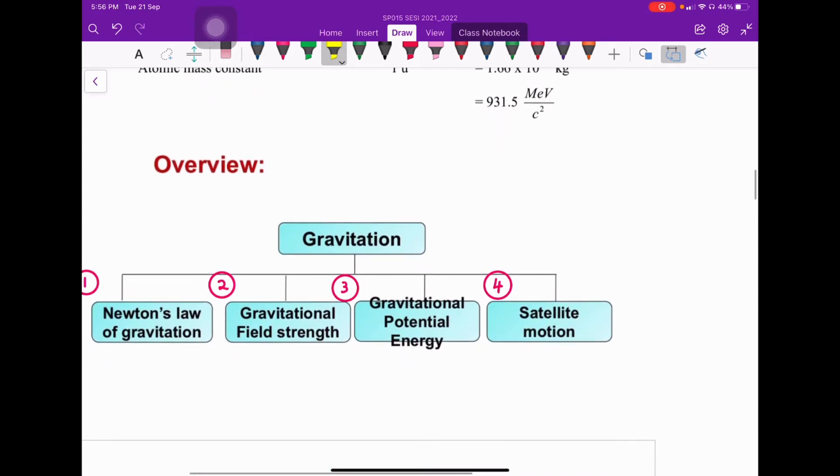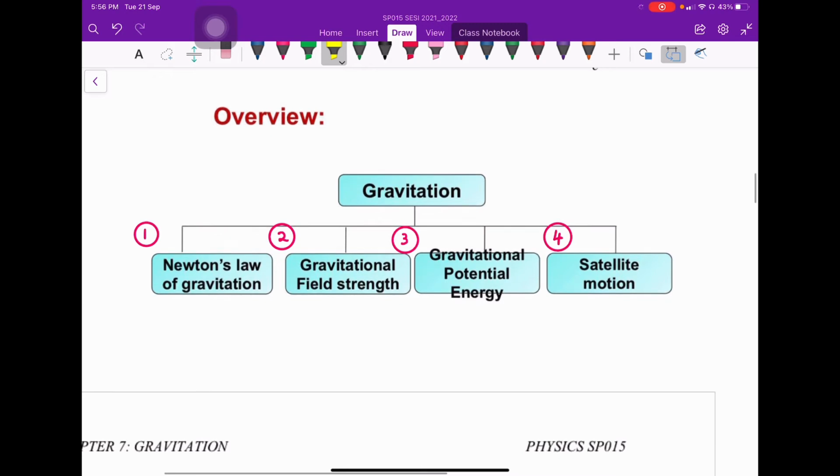Now look at gravitation. We need to study Newton's law of gravitation, gravitational field strength, gravitational potential energy, and the last subtopic, satellite motion.